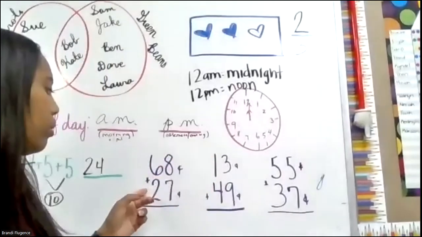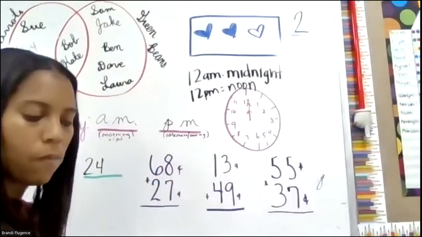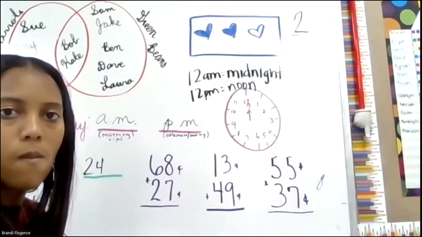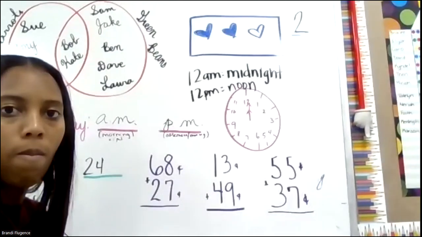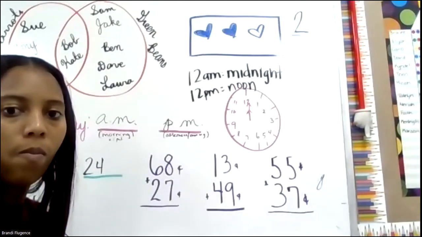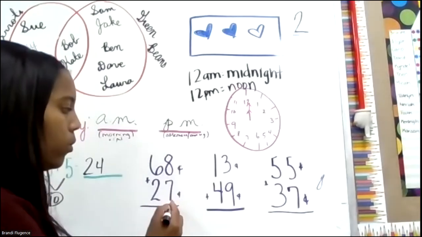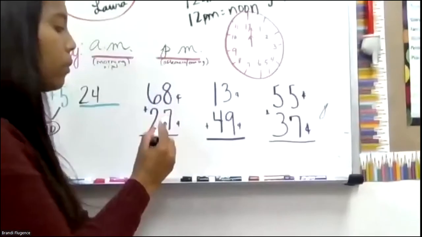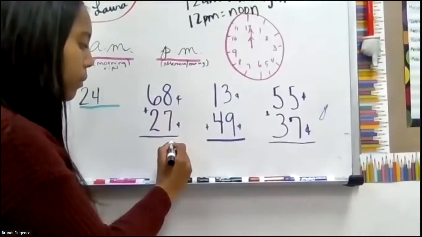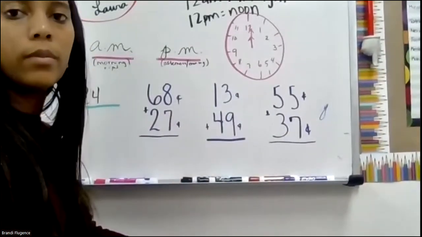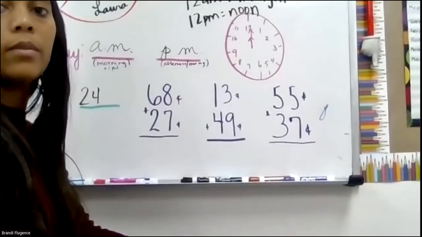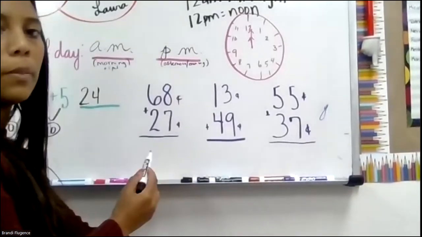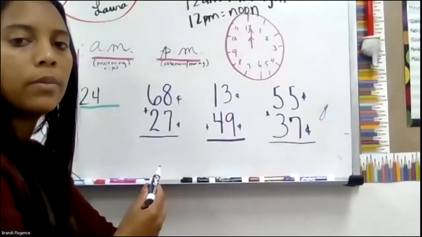Dennis? 3 plus 9, 8 plus 8 plus 7. 8 plus 7 equals?